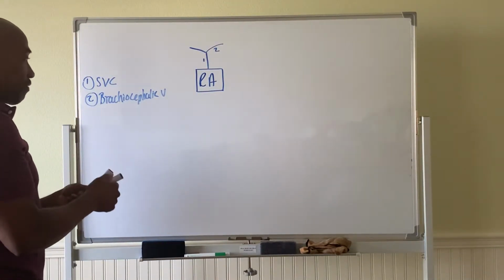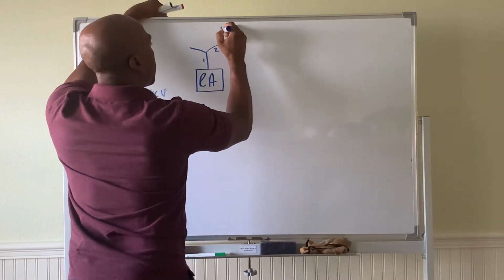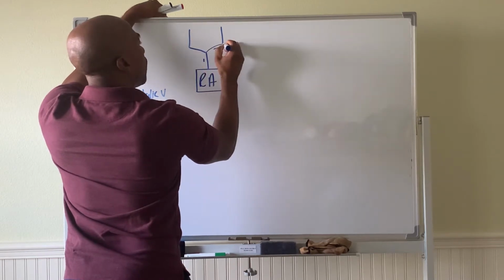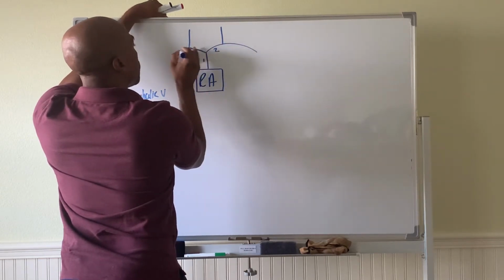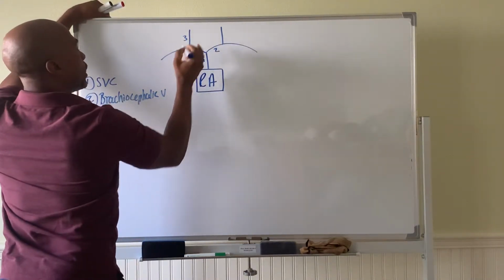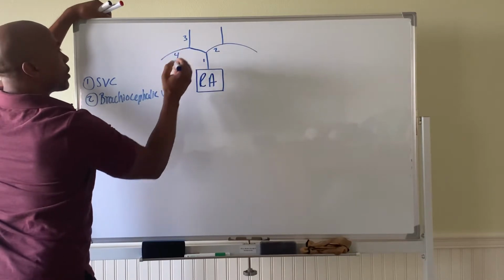Then the brachiocephalic veins are formed by the merger of two vessels: your internal jugular vein and your subclavian vein.